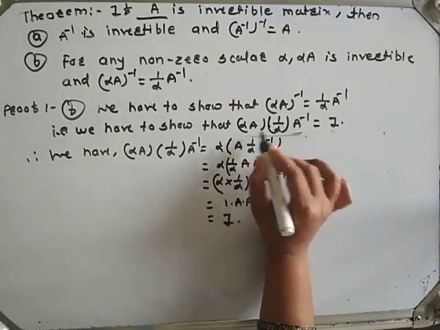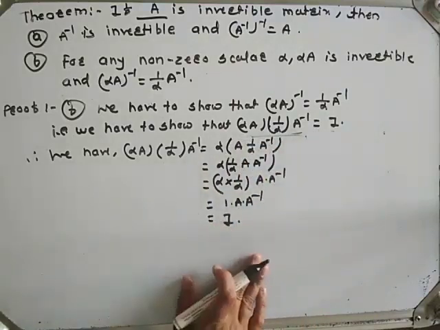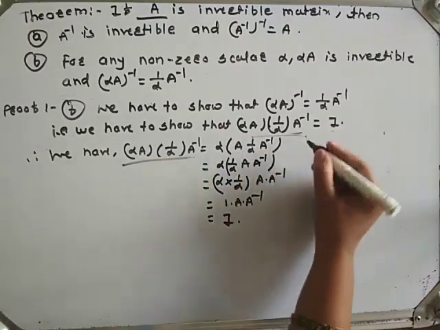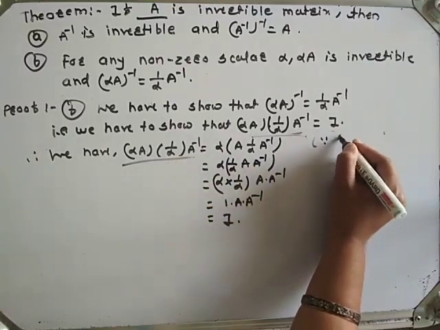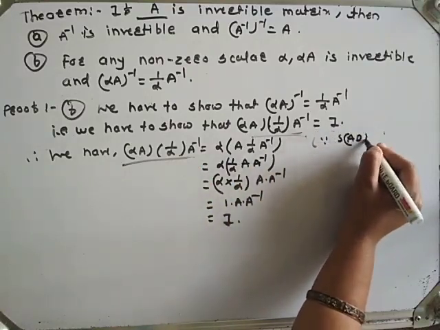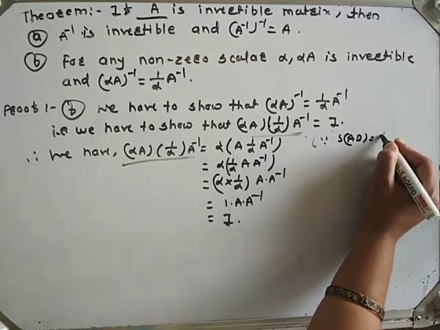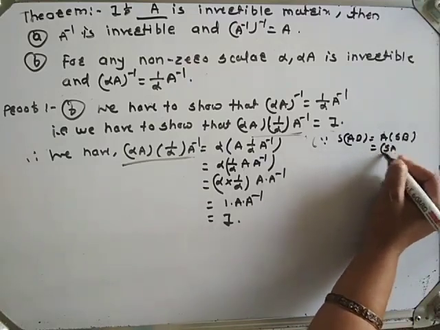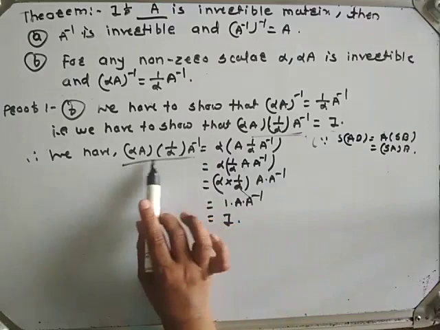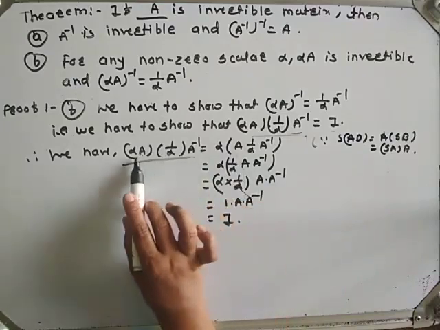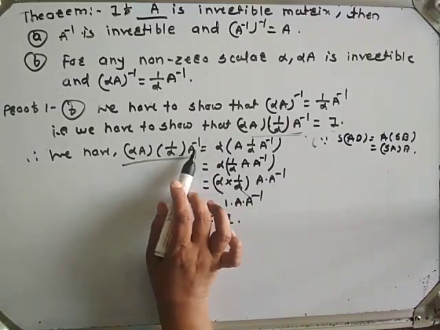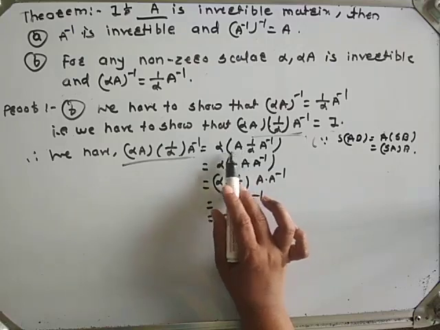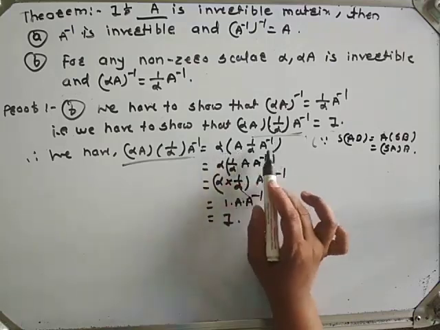First we consider LHS, and we show that LHS is equal to RHS. This is LHS. This can be written by the property S into AB, which is equal to A into SB, which is equal to SA into B.